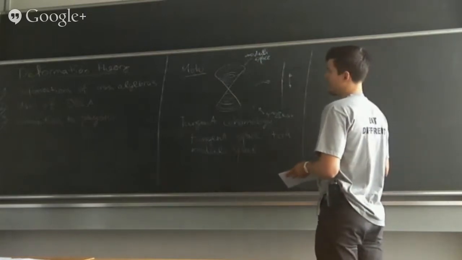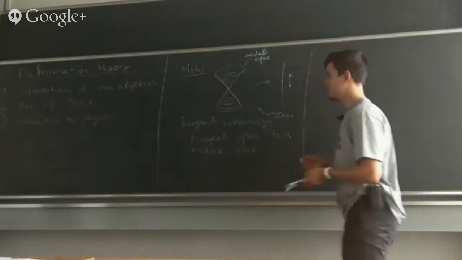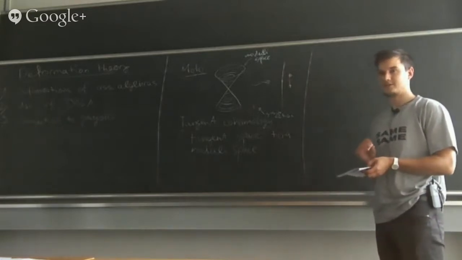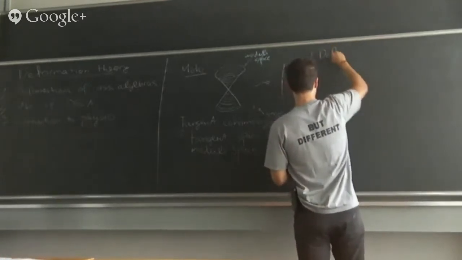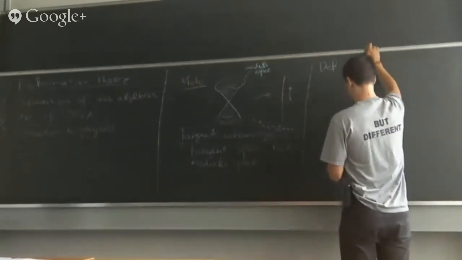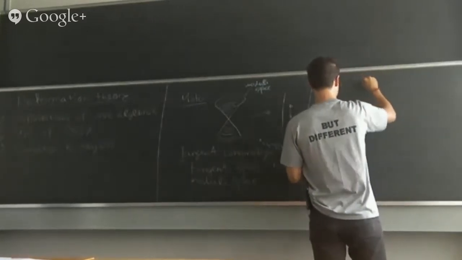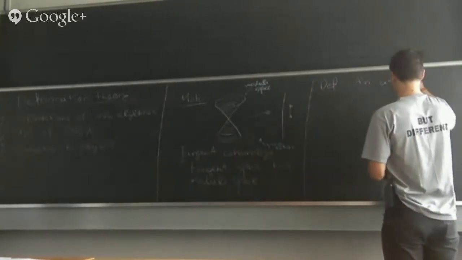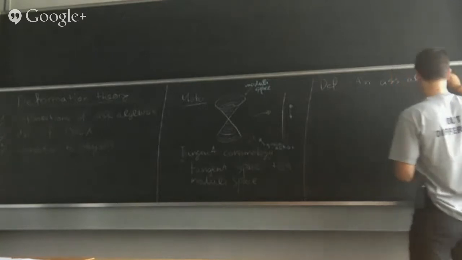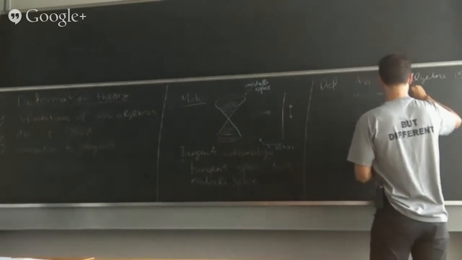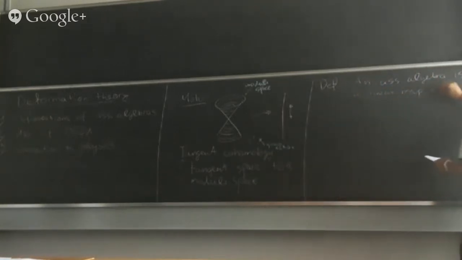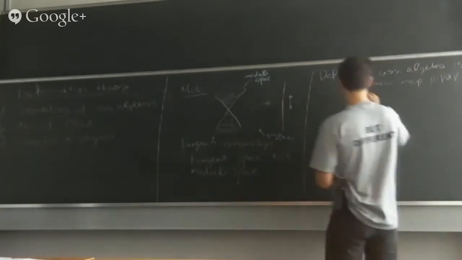This illustration we will look at in the case of associative algebras. The definition is: an associative algebra is a linear map mu from B tensor B to B, where B is just a vector space, which satisfies the following.